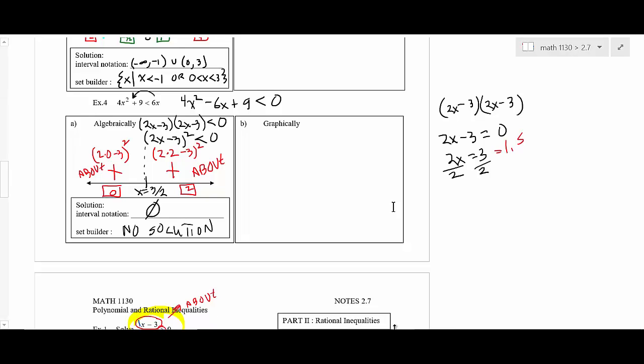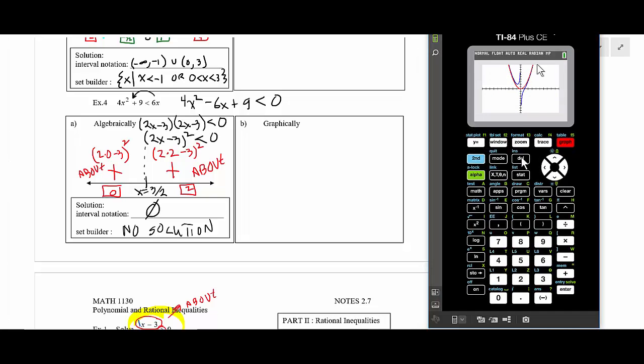Okay, so let me show you what would happen if you put this in your graphing calculator. You can just watch this. You don't need to do this if you don't want to. I'm just going to put it in the original form, where I have 4x to the second, and then I think minus 6x, and then plus 9.